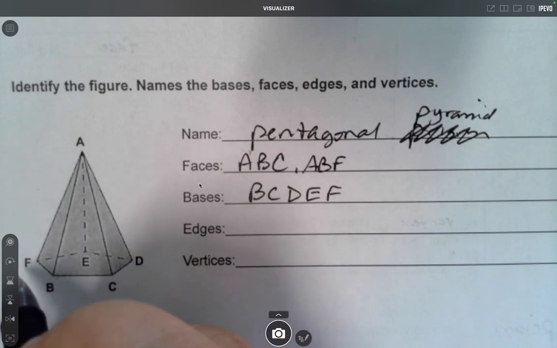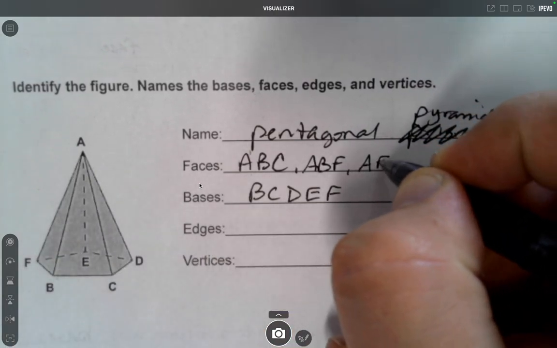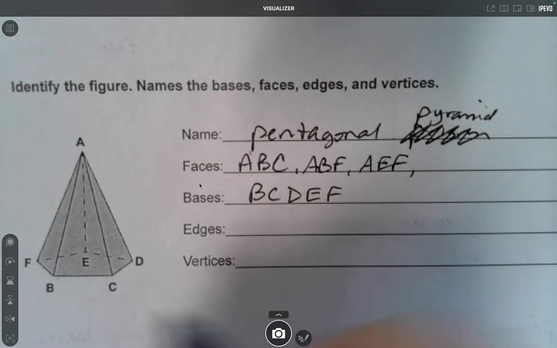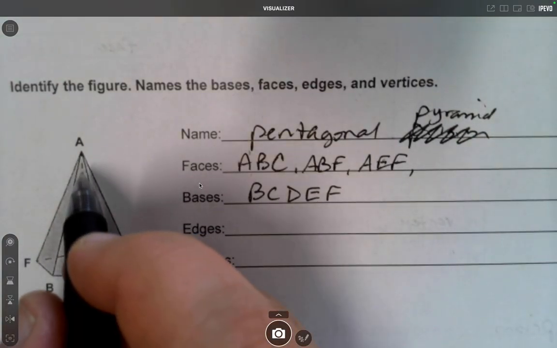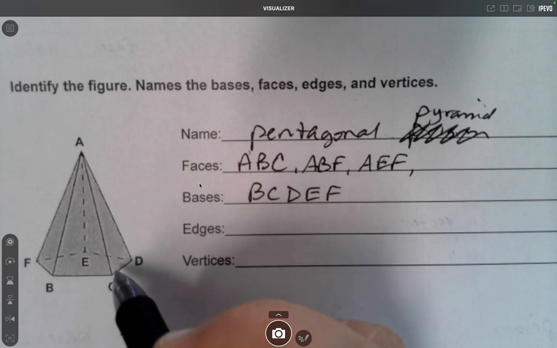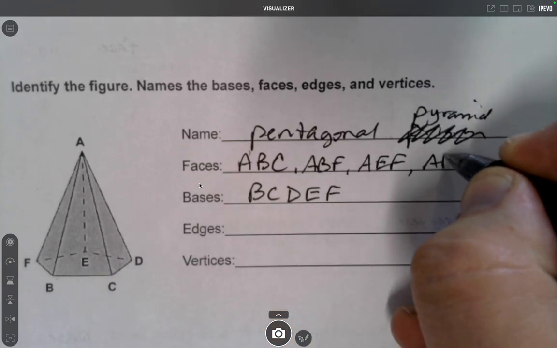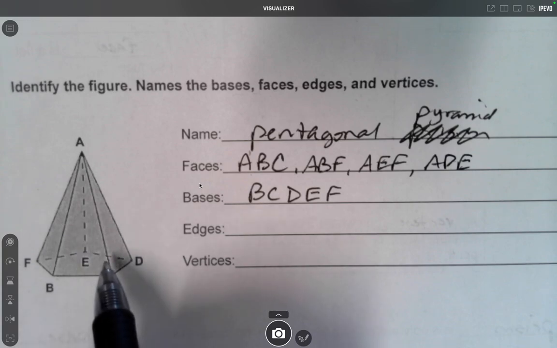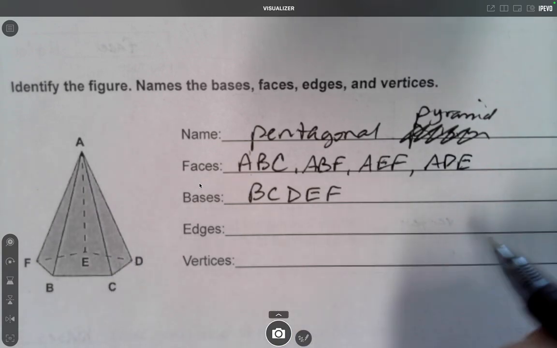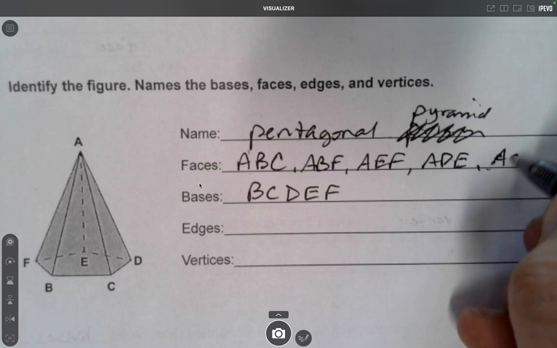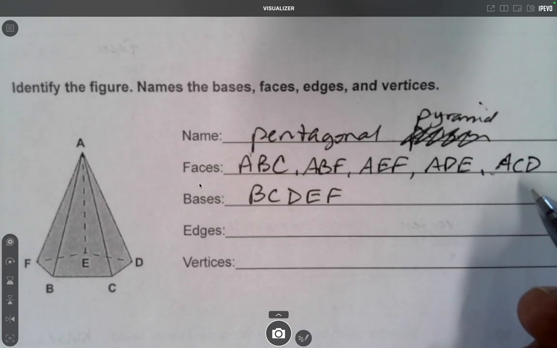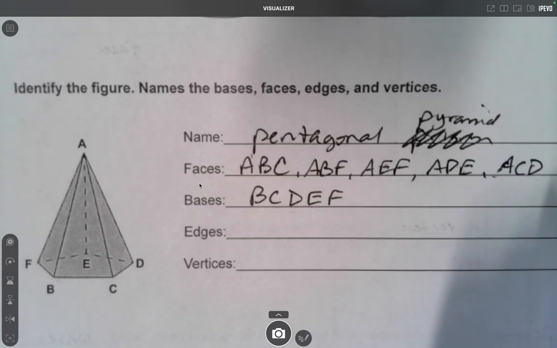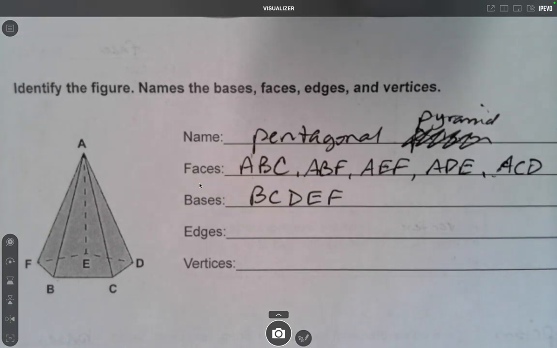A, E, F. Then we have the one in the back that's got some dotted lines. So A, D, E. And then we have the one in the front on the right that we can see. That's A, C, D. Now technically if you put the letters in different order, it's still correct. But I'd ask you to be alphabetical just so it's easier for me to grade it. That'd be really appreciated.